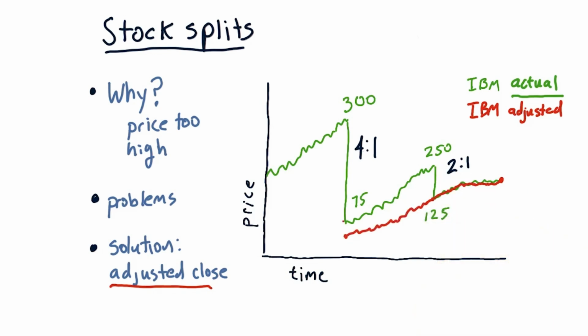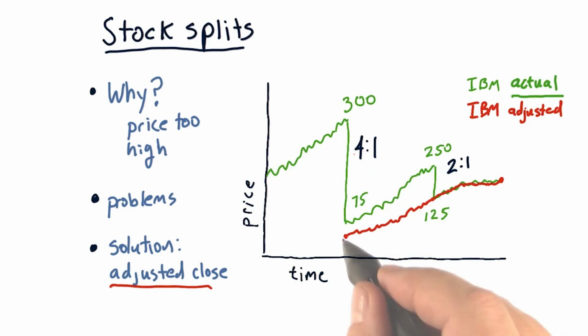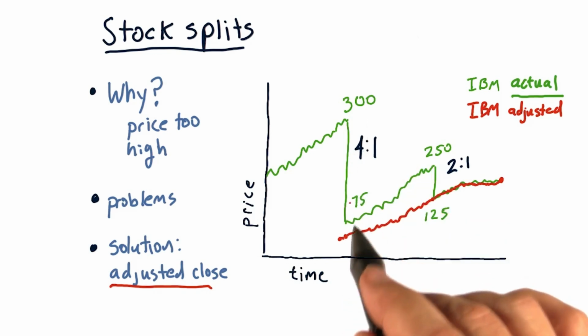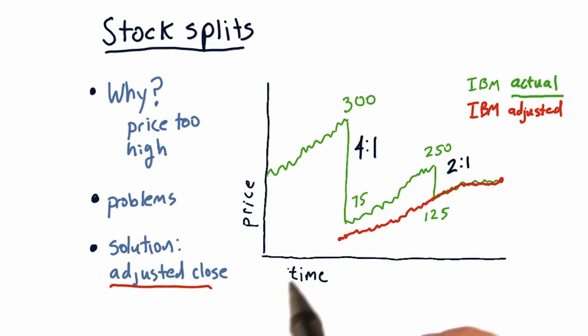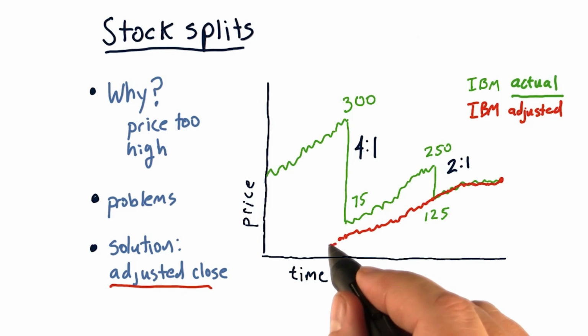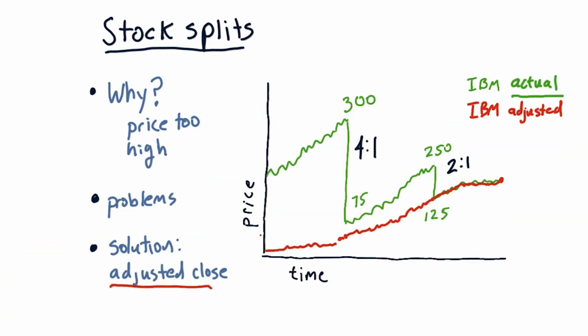Then when we get to this 4-to-1 split, we divide by 2 and then by 4, so that on this one day before that split, our price is in the neighborhood of about $70. And that continues back in time, and as we go back, we adjust for each of the splits in history.